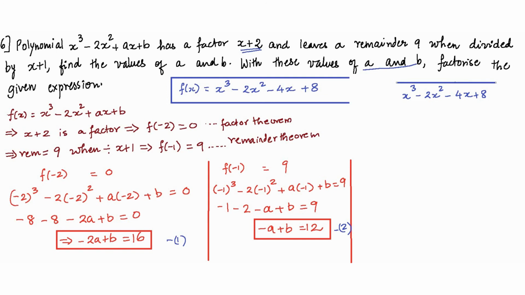Divided by x plus 2. So x into x square gives me x cube. So x into x square is x cube and 2 into x square is 2x square.